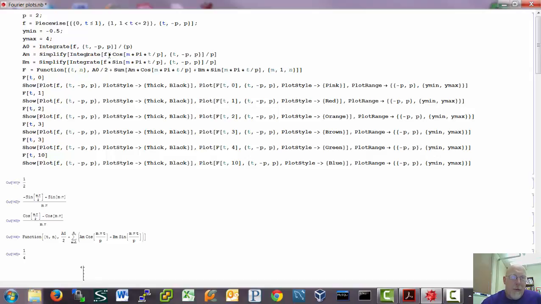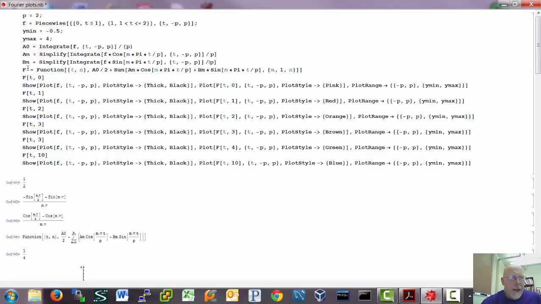We integrate the function f times a frequency of cosine, so cosine m pi times t over p. We integrate that from minus p to p. And then we divide that entire integral by p. And bm, similarly, we do the same thing except for sine instead of cosine. Again, we're integrating from minus p to p, and we divide that entire integral by p.